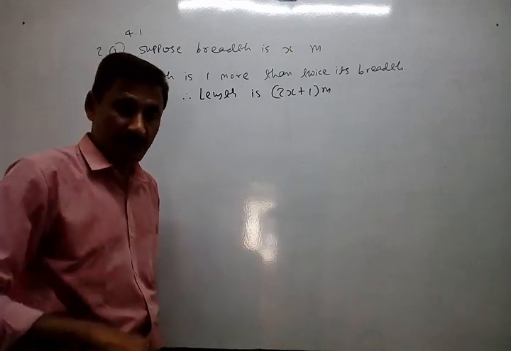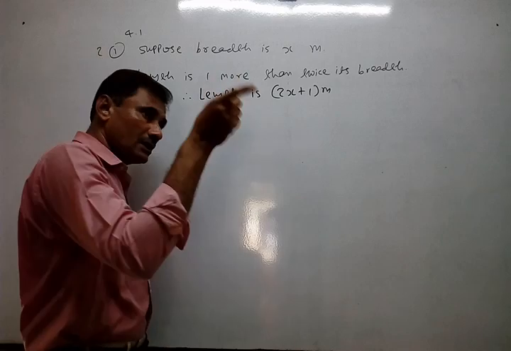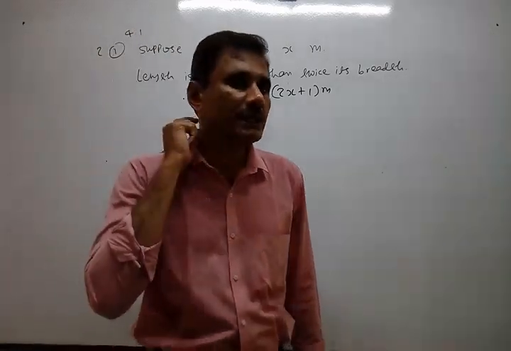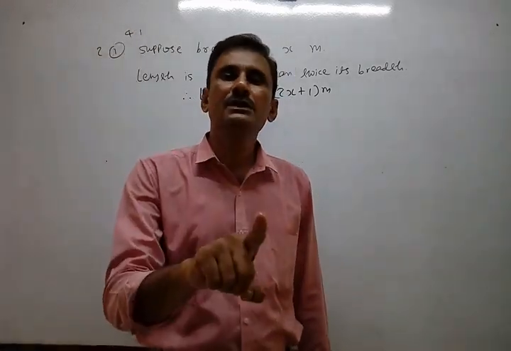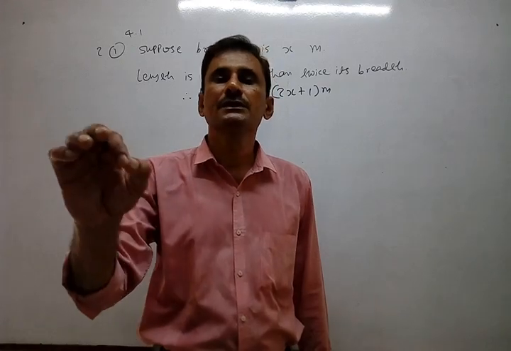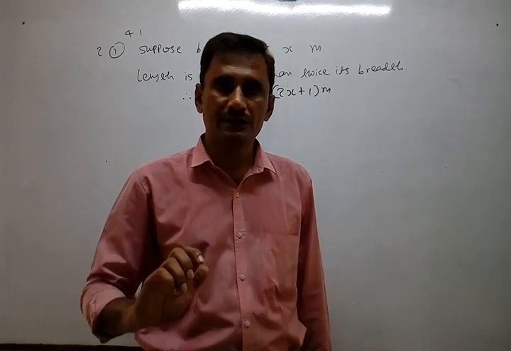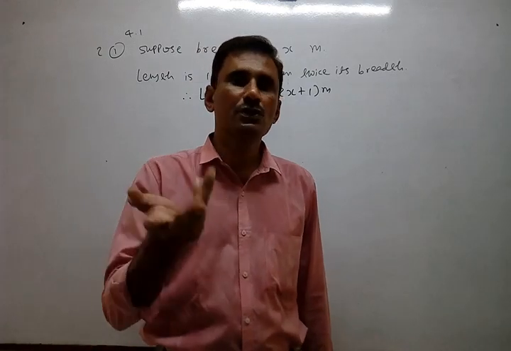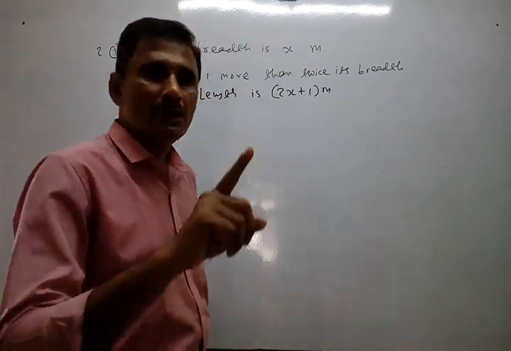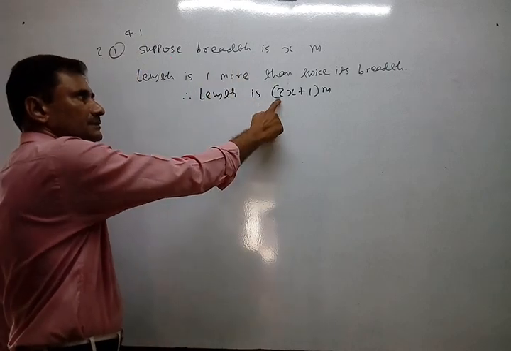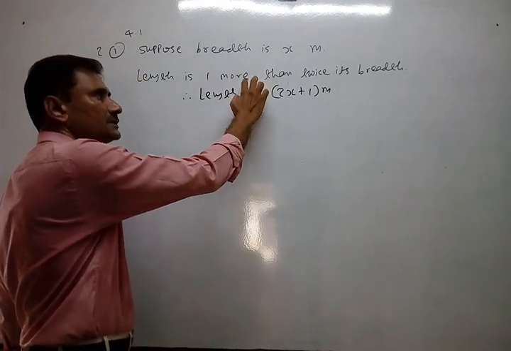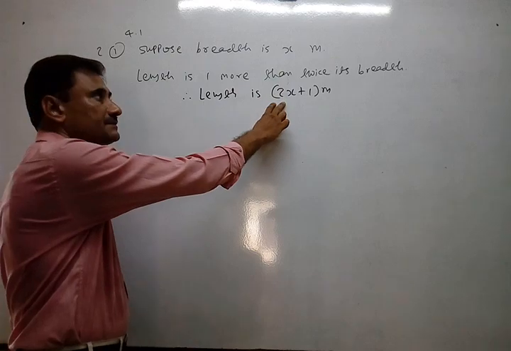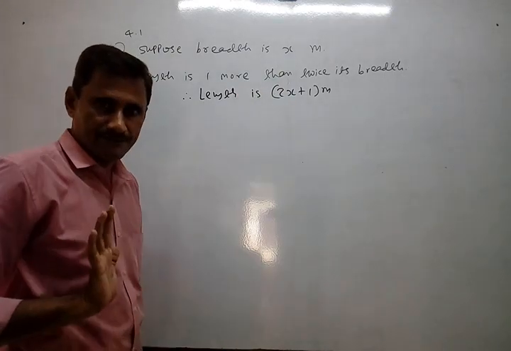Parameter means here length and breadth. In earlier practice, in lesson number 3, we used any one statement to get one equation and the second statement to get the second equation. So two statements, two equations. But here, one statement is used to get the expression for the second parameter.